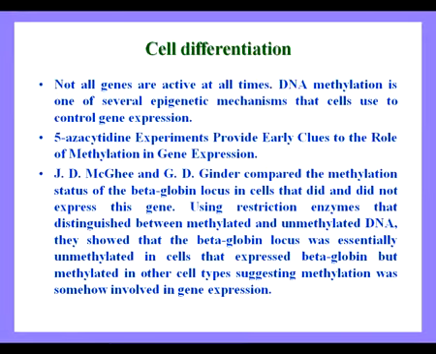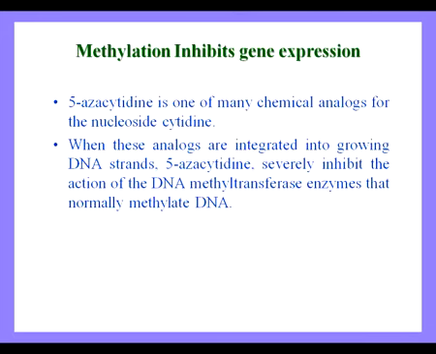This was the observation, and coupled with this was the 5-azacitidine experiment, utilizing the property of 5-azacitidine, which is one of the many chemical analogues of the nucleoside cytidine. When these analogues are integrated into growing DNA strands, 5-azacitidine severely inhibits the action of DNA methyltransferase enzymes, DNMTs.